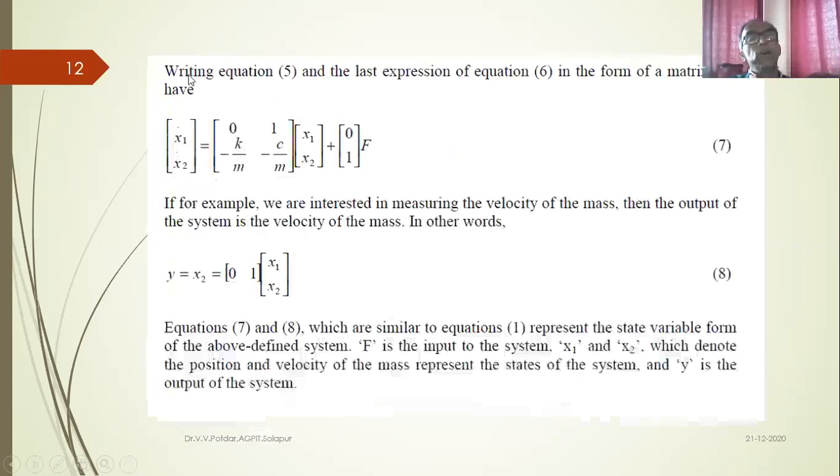And then in matrix form, the last expression in the form of a matrix, we have x1 dot, x2 dot is equal to, so how do we get these? A row into this column, so 0 into x1 plus x2, so this will be the x2 part, and then minus k by m into x1 minus c by m into x2.